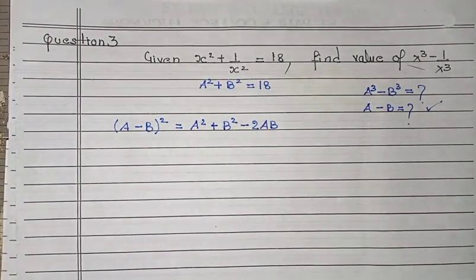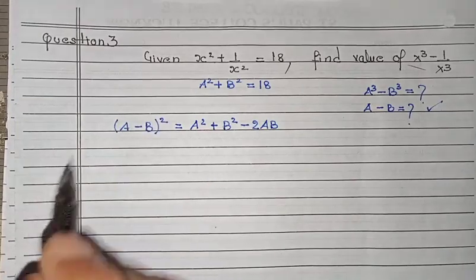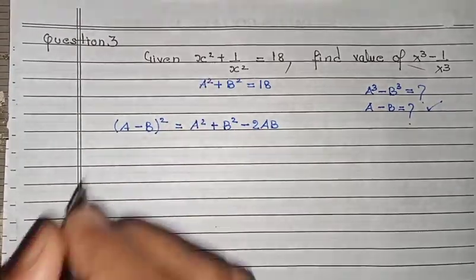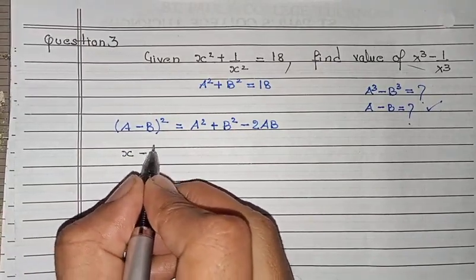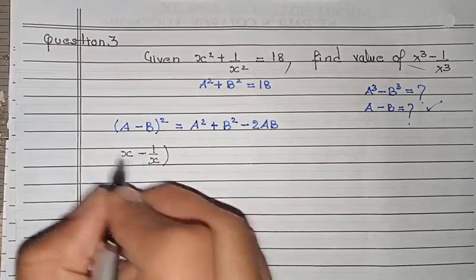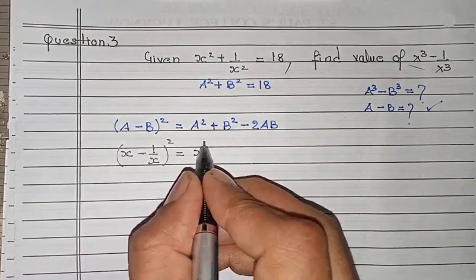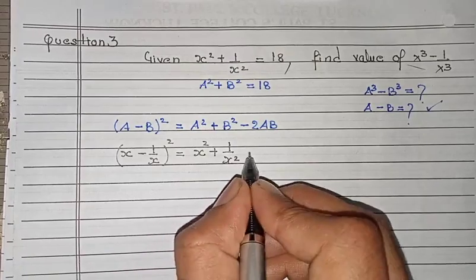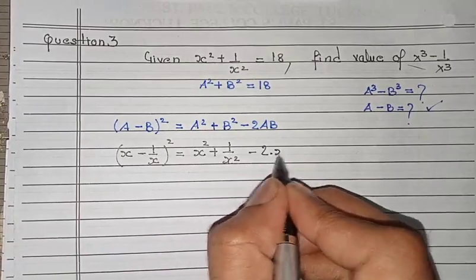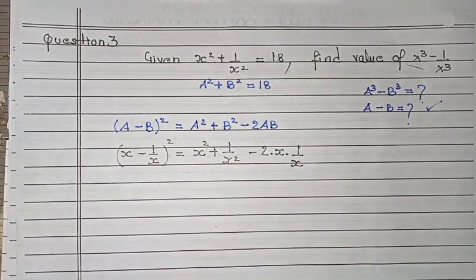Okay, now here a means x and b means 1 upon x. Substitute it here. So this will become x square plus 1 upon x square minus twice, a means x, b means 1 upon x.